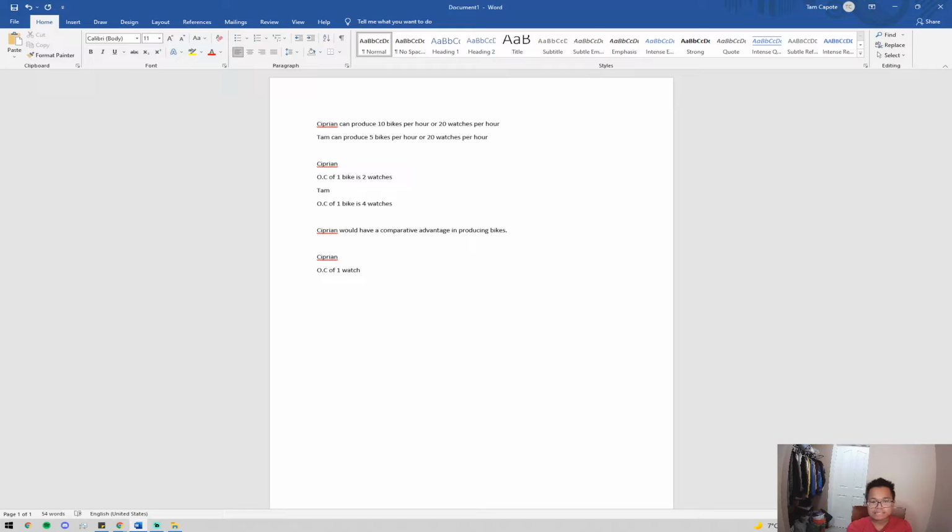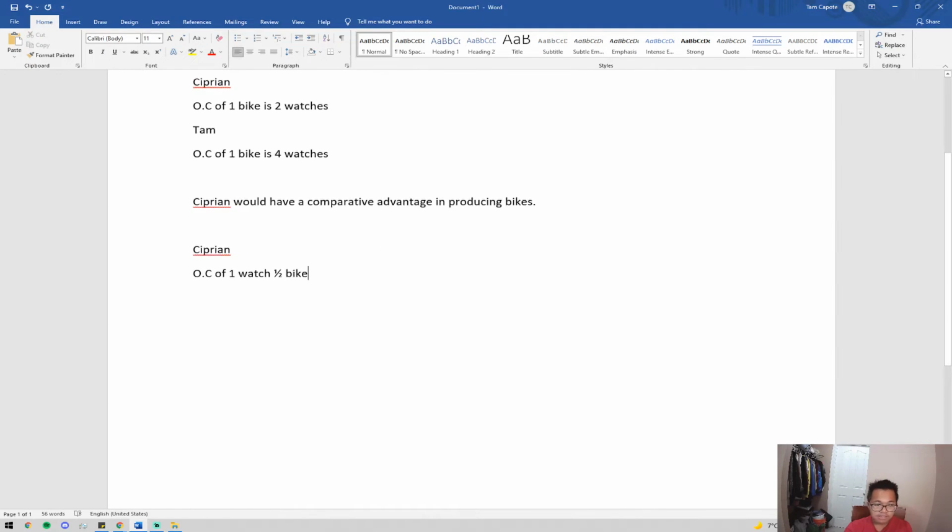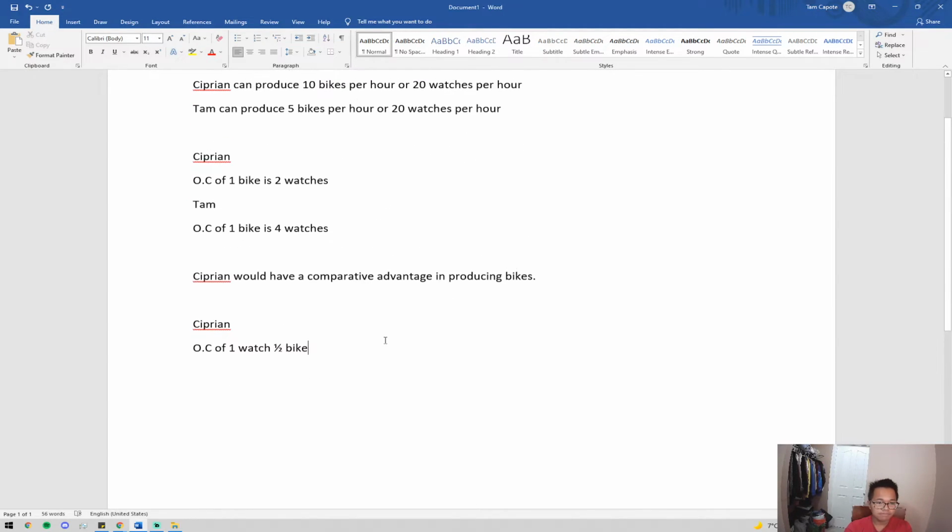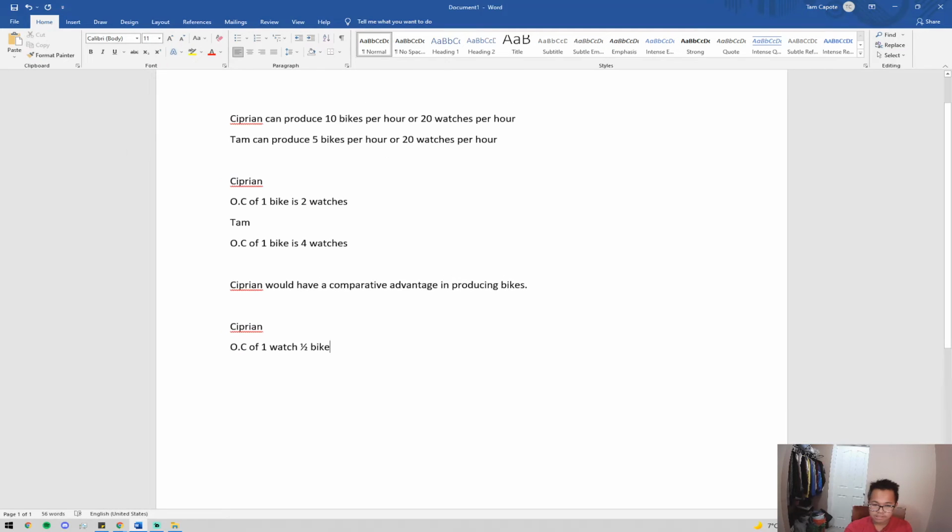It's basically, to make one bike, it's 2 watches. So if he only produces one watch, he can only produce 1/2 bike, right? Yeah, so 1/2 bike. Does it make sense?